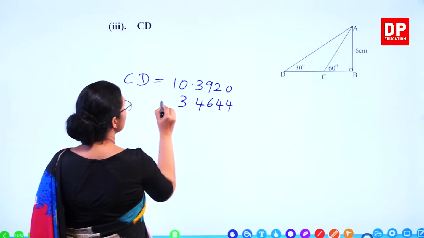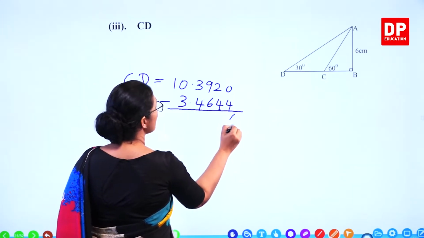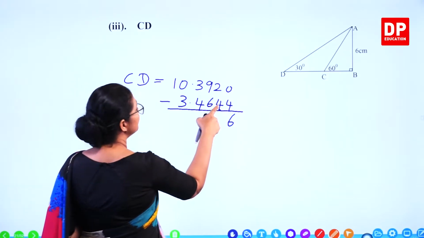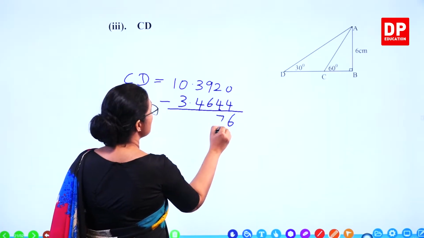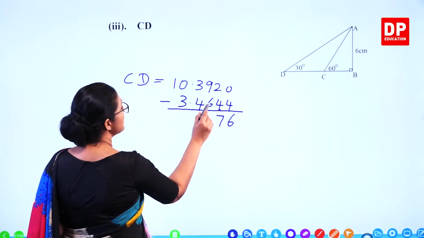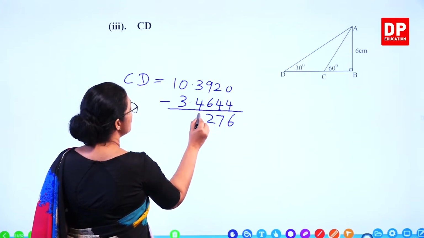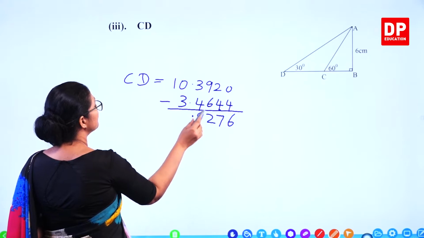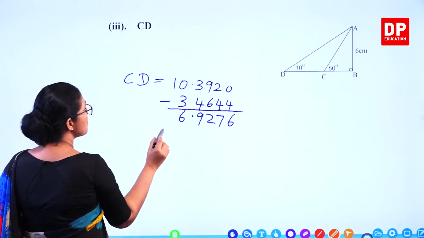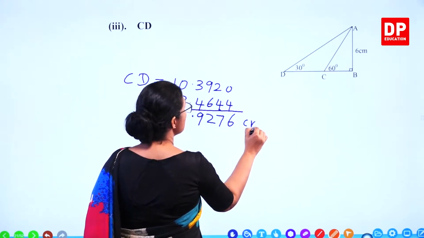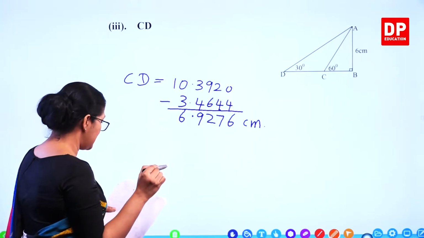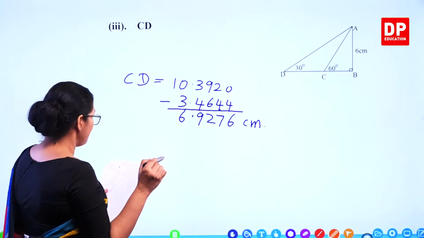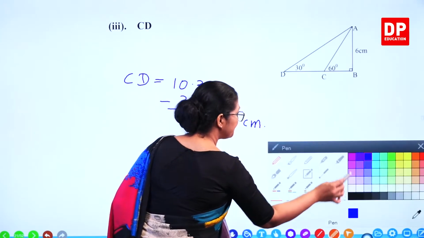You have to subtract these two. You get 6.9276 centimeters as the CD length.